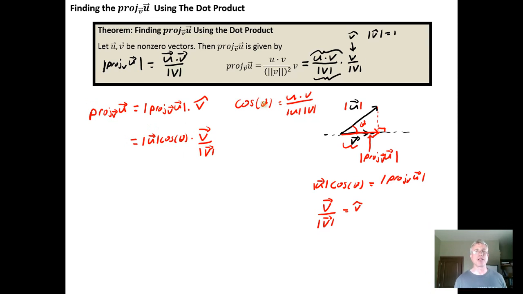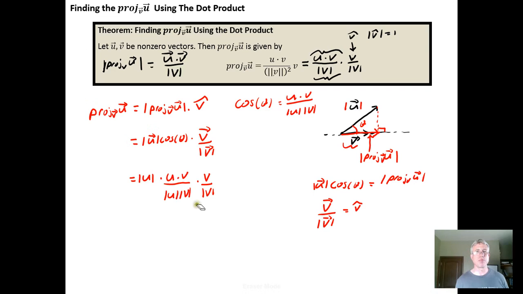So we can replace the cosine of theta here with that. So we have the size of u sitting right here, and then it's times u dot v divided by size of u, size of v, and then times the vector v over size of v.